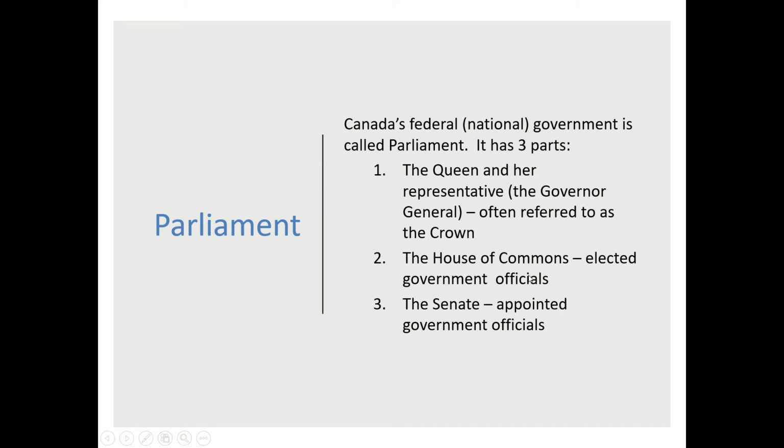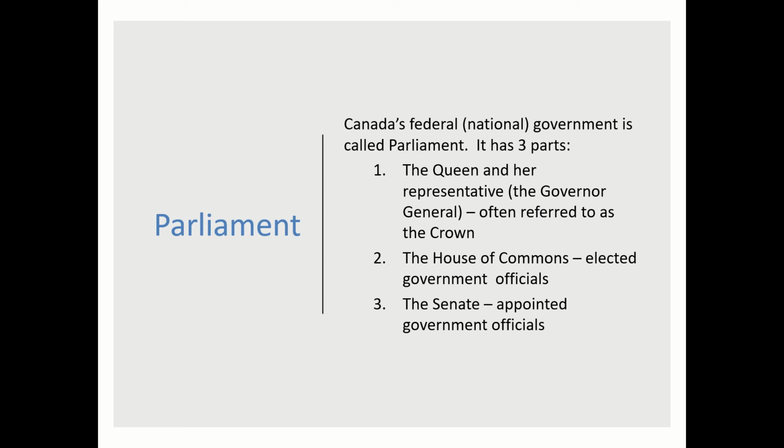We have the House of Commons. These are the elected officials that sit in the House of Commons. So when there's an election and everyone in Canada votes for their representatives, if they win their riding, for example in Kitchener, if you voted for someone liberal and they won compared to the other parties, that person then becomes one of the members of the House of Commons.